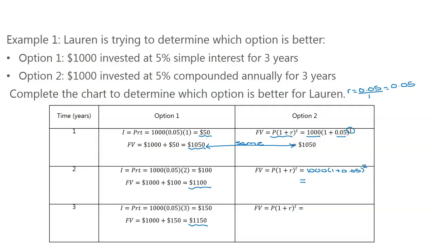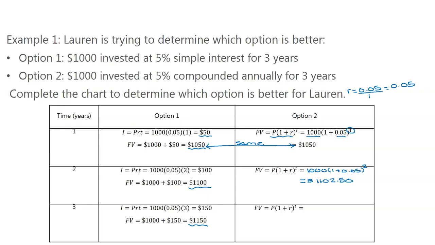So we'll start with the brackets. We'll add 1 and 0.05 together first. Then we'll raise it to the power of 2 using our exponent button. And then we'll multiply by 1,000. And when you try that, you should get $1,102.50. So slightly higher than option 1.